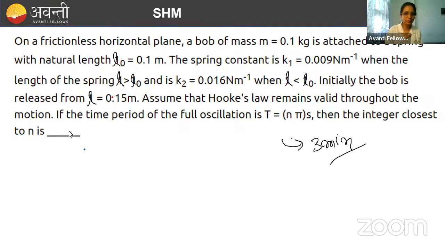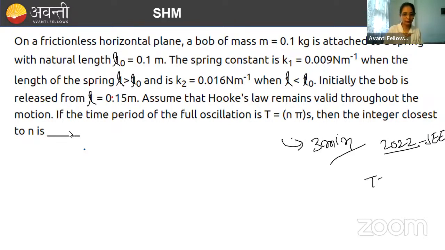Does everyone remember the formula for time period calculation of a spring mass system? Again, this question came in 2022 G, and this question is damn easy. You just need to remember the formula of time period, it will come under the EG section.